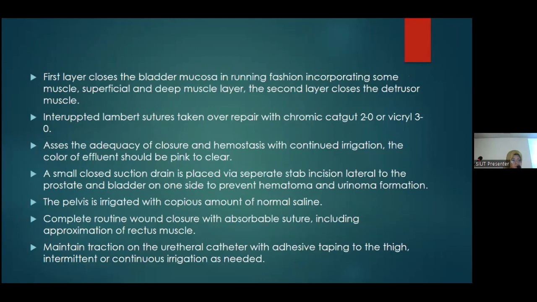After the closure, the bladder is irrigated with saline to see for the presence of any hemorrhage, and along with that to see for a leak at the repair site of the cystotomy.